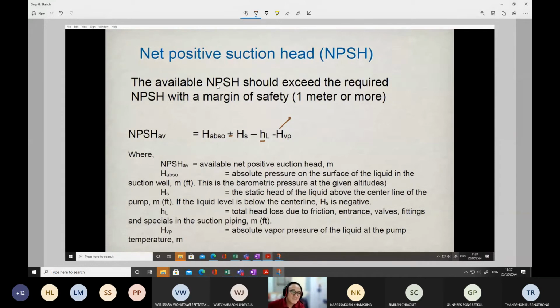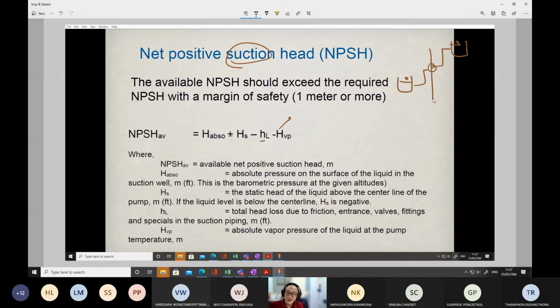As the NPSH is the net positive suction head, we focus on the suction side. We don't focus on the discharge side. This is our system, with the pumping system installed here and this is the discharge reservoir.